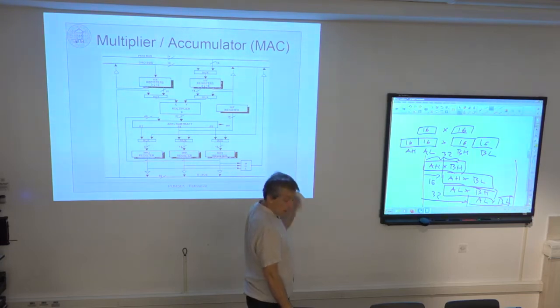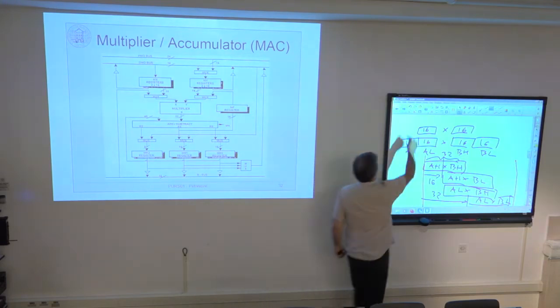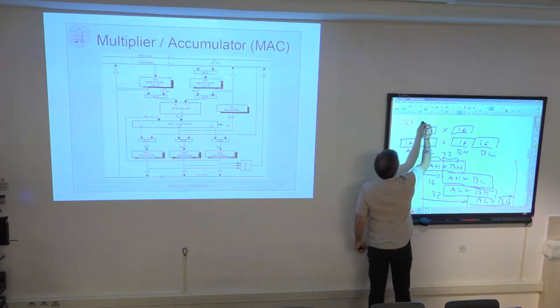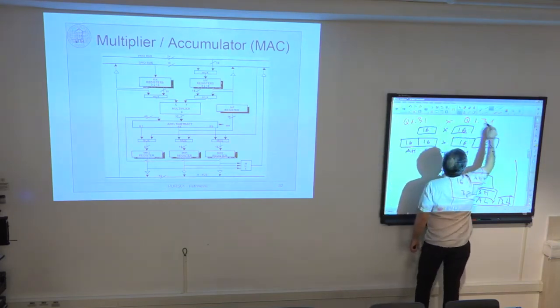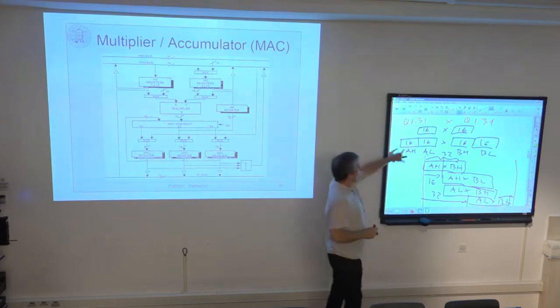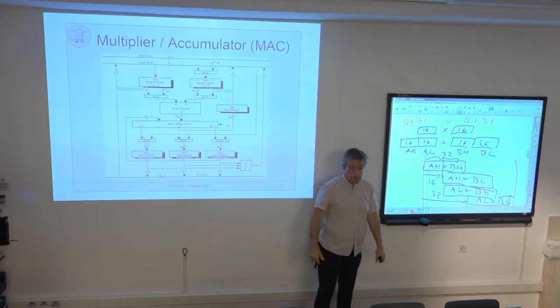So just to be able to understand, if, for example, these two input arguments are signed 32-bit fractions, like Q1.31 times Q1.31, how should you interpret the arguments for this multiplication?